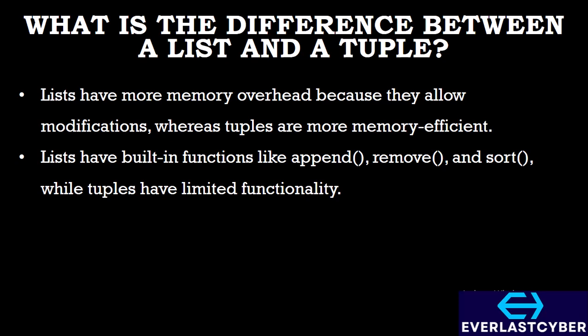Tuples are used for fixed data, while lists are used for dynamic data. Additionally, lists have more memory overhead because they allow for modifications after they have been created, whereas tuples are more memory efficient because they are fixed and cannot be modified after they've been created. Thirdly, lists have built-in functions like append, remove, and sort, but tuples have limited functionality.